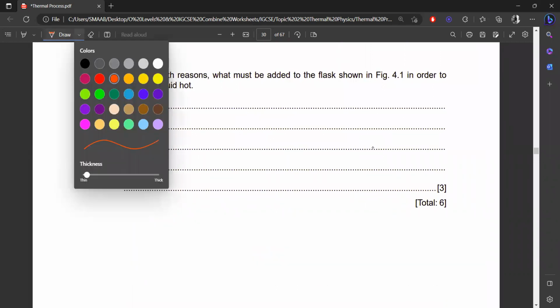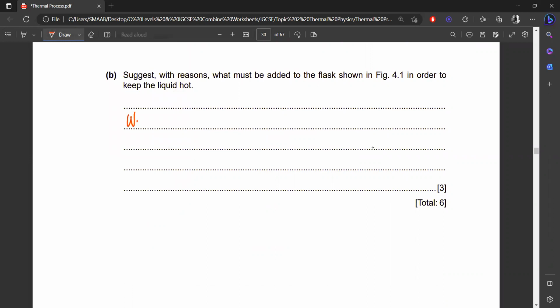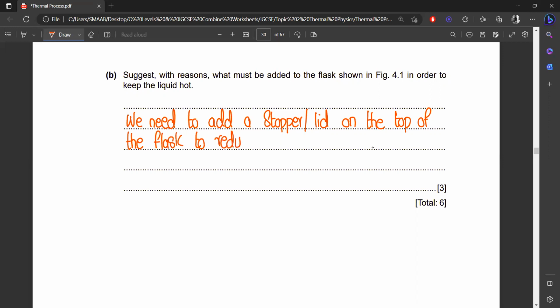So the answer for this is we need to add a stopper or a lid on the top of the flask to reduce the heat loss by convection and radiation.